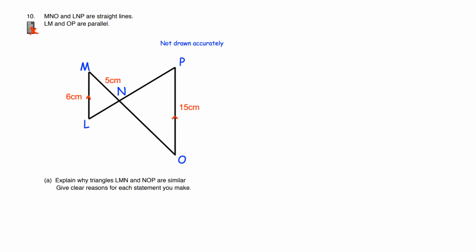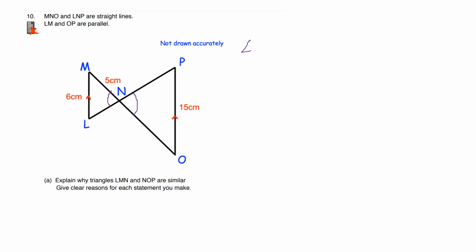Question: we've got MNO and LNP are straight lines, LM and OP are parallel. Explain why triangles LMN and NOP are similar and give clear reasons for each statement you make. So if we start here, angle LNM and angle ONP will be equal.